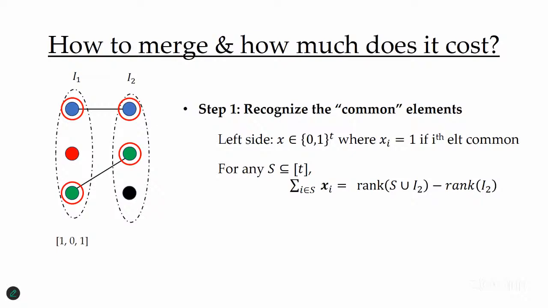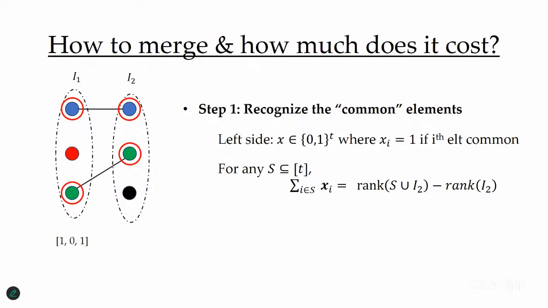Actually, maybe there's a typo here: the increase is the number of new colors in S that are not in I2, and if one is common, I should subtract it. This is a typo, but the point is that using just the rank of S together with I2 and the rank of I2, I can figure out how many elements in the subset S share a color with someone in I2.